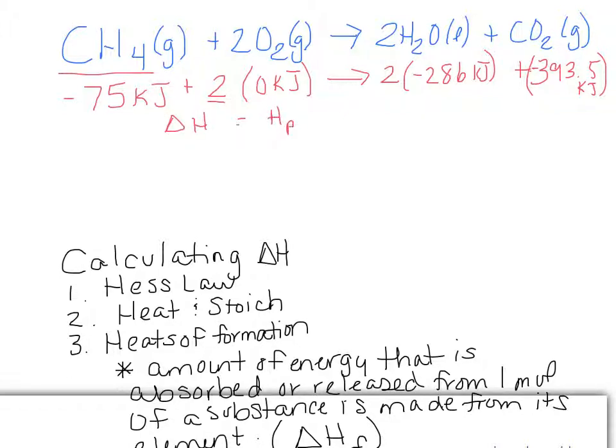All right, we are back to where we were before, so we're going to calculate delta H, which is the heat of the products minus heat of the reactants. So we go to plug this in, we have 2 times a negative 286 kilojoules plus a negative 393 and a half.